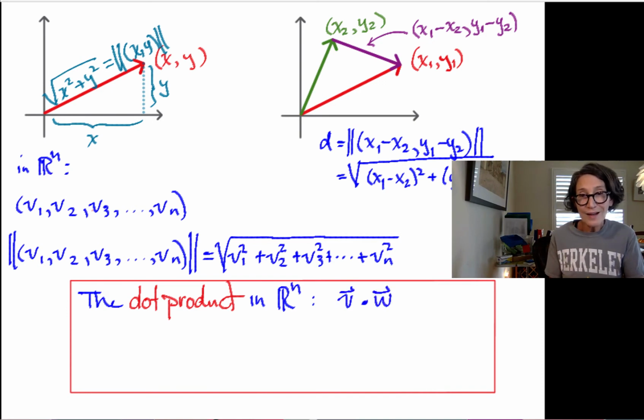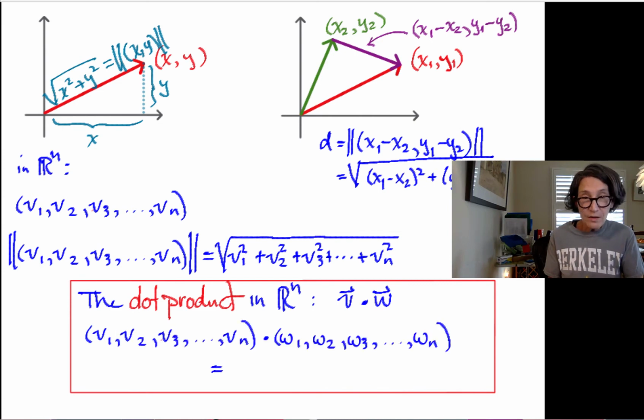So if we take the dot product of two different vectors in Rn, v and w, the dot product is just going to be the sum of the products of the corresponding components. So it's v1 times w1 plus v2 times w2 plus v3 times w3 up to vn times wn.